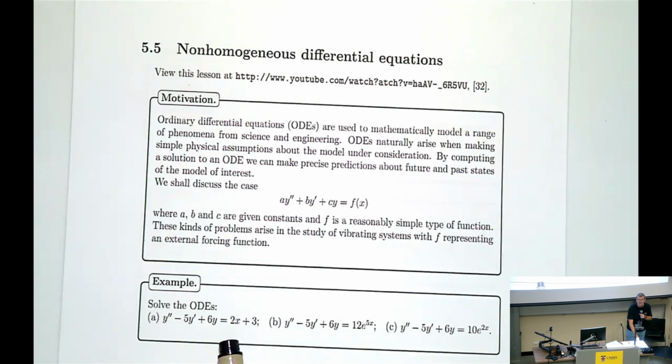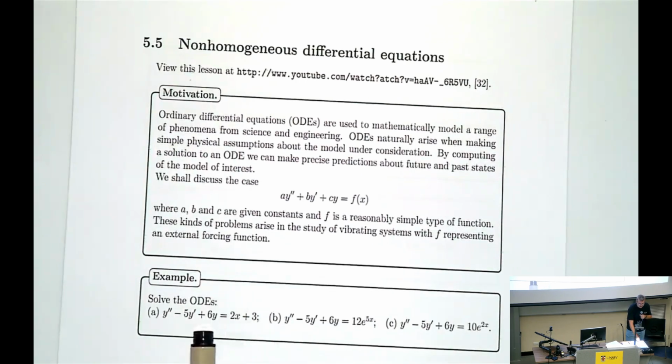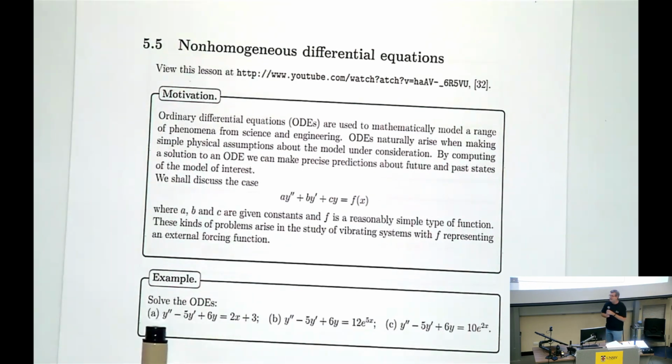I don't want to solve that. It's too hard. Let's differentiate both sides of the equation twice. Differentiate both sides of part A twice. What's going to happen to 2x plus 3? It's annihilated to 0. So what have we got?